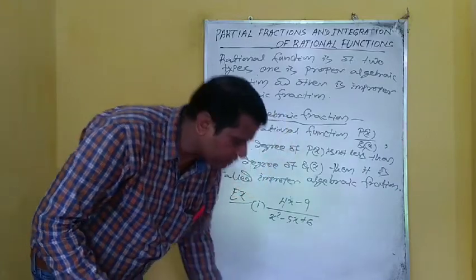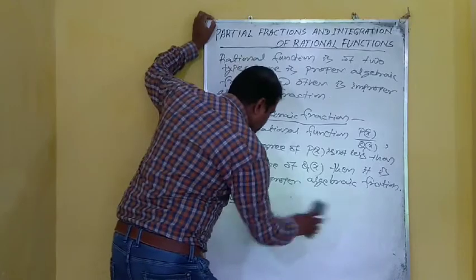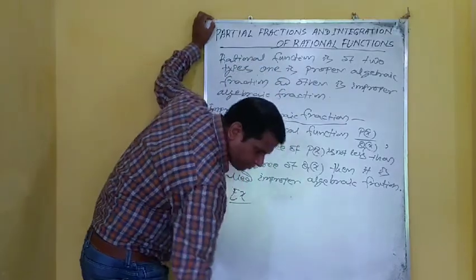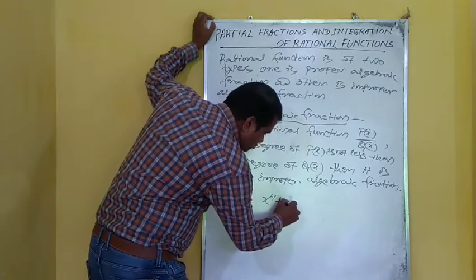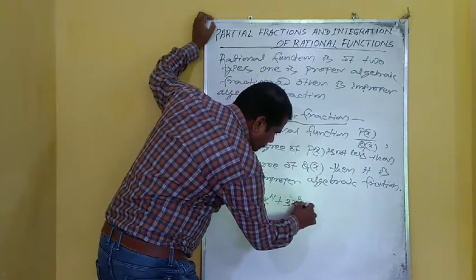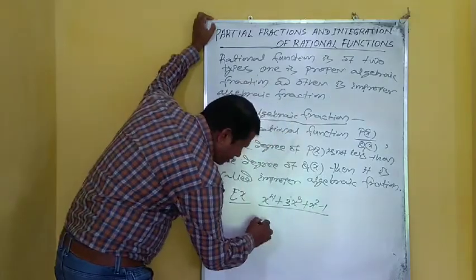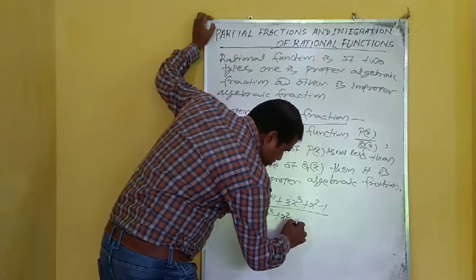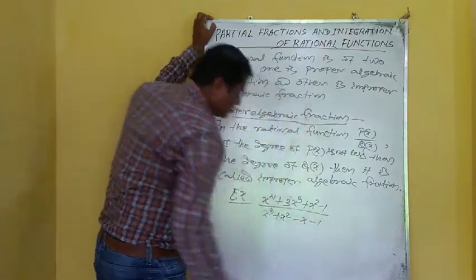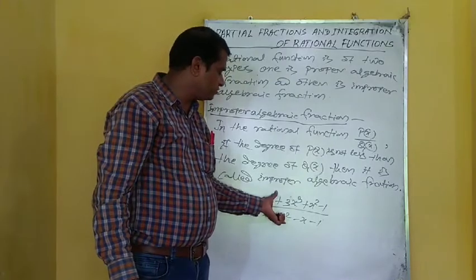For example, x to the power 4 plus 3x cube plus x square minus 1 divided by x cube plus x square minus x minus 1 is an improper algebraic fraction.